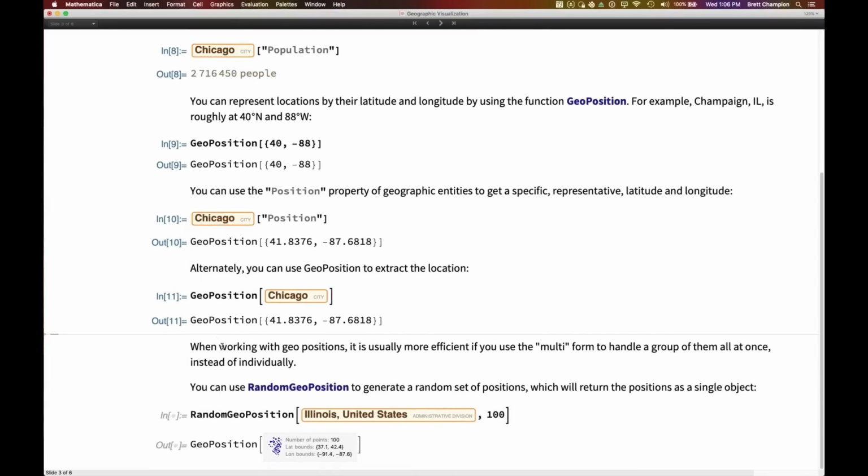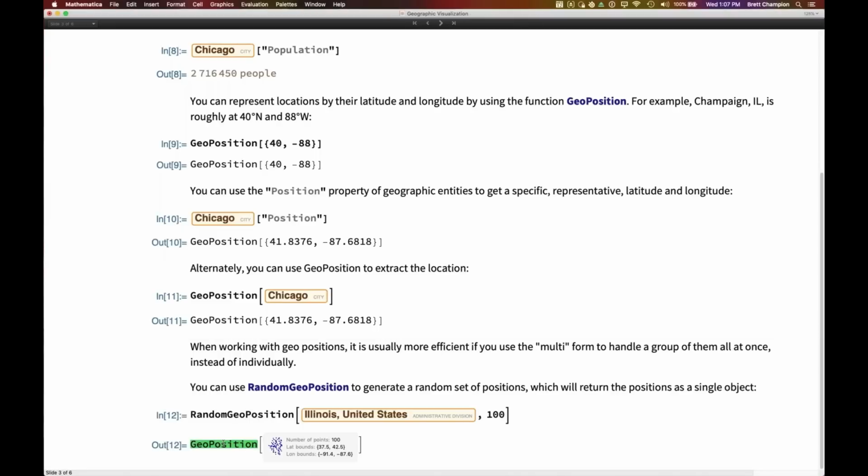When you have a lot of geographic data, it's usually best to make use of a multi-form to deal with a lot of the positions at once. Here I'm using a new version 12 function to get random geopositions: 100 points inside the state of Illinois.